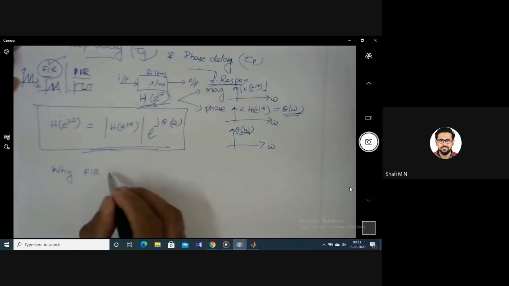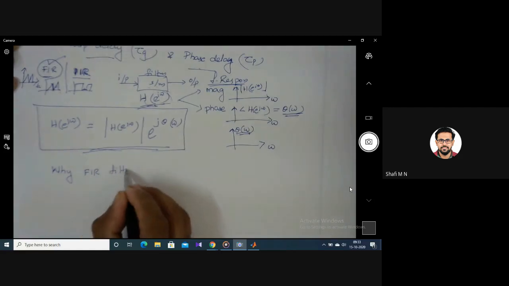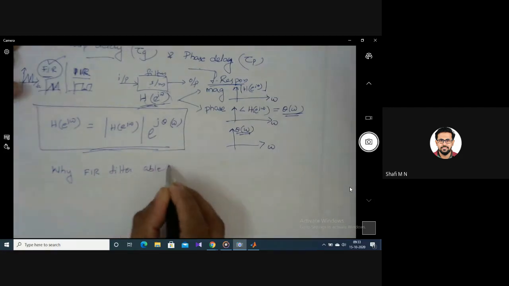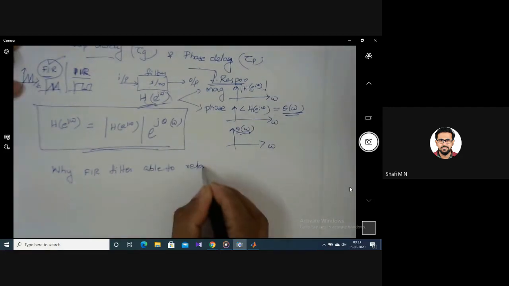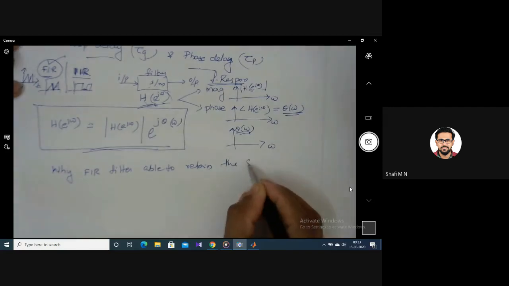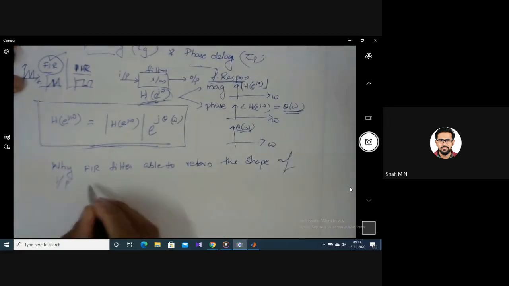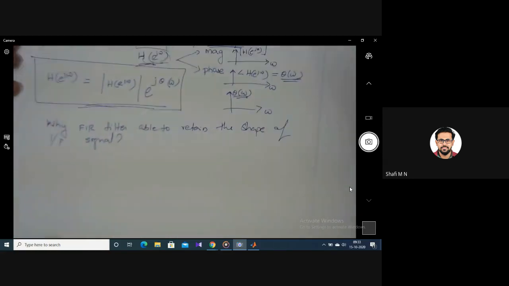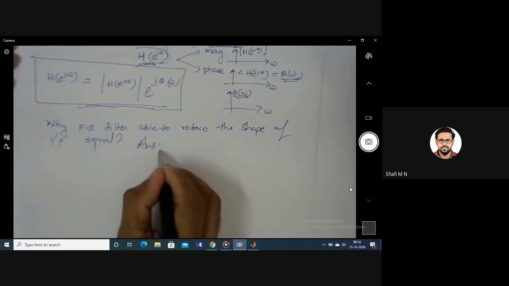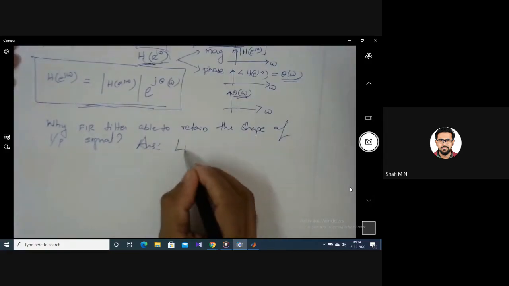Why is an FIR filter able to retain the shape of, say, the input signal? This is an important question. So there should be a clear understanding of this. And the answer is because it has linear phase response.